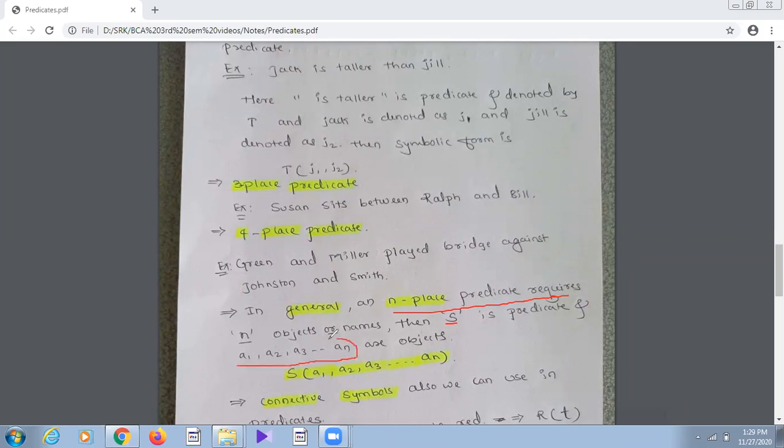These are the individual names. So the general form is S of a1 comma a2 comma up to an, where S is the predicate and these are the individual names. This is the general form of an n place predicate.